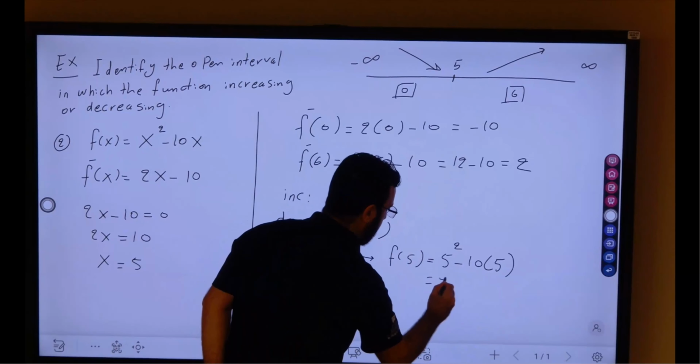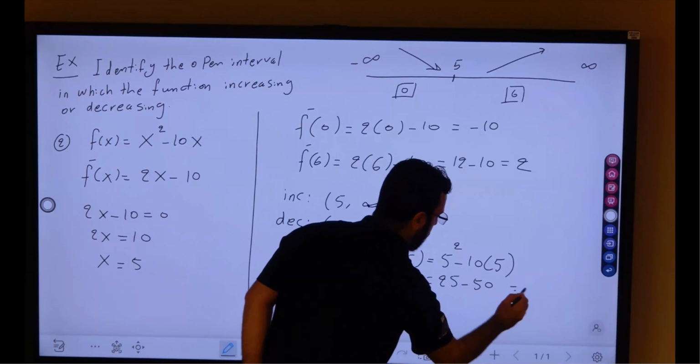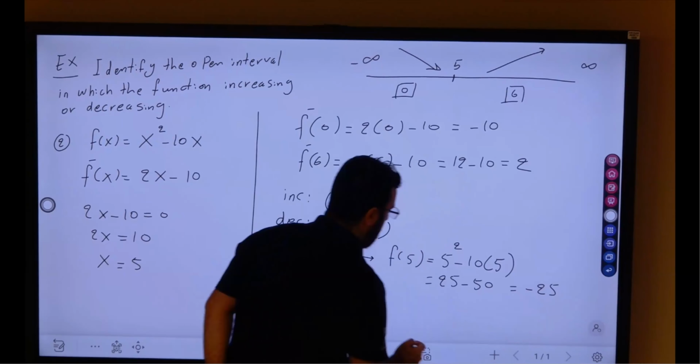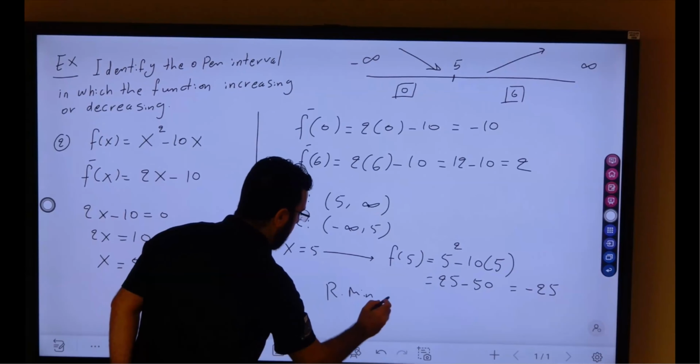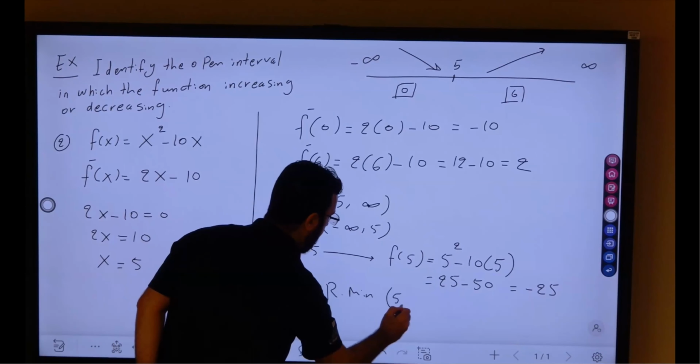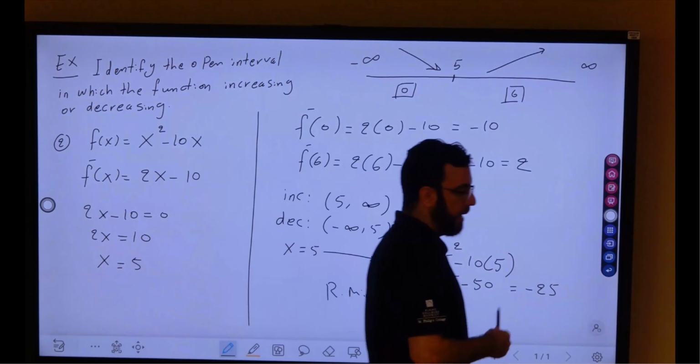So it's going to be 25 minus 50, which is equal to negative 25. So the relative minimum is the point 5 and negative 25. It's a relative minimum.